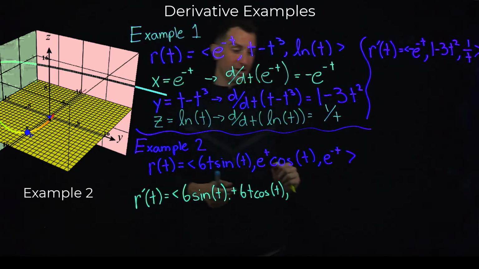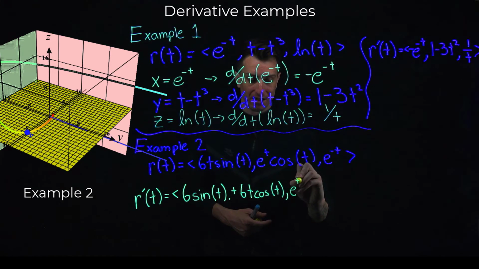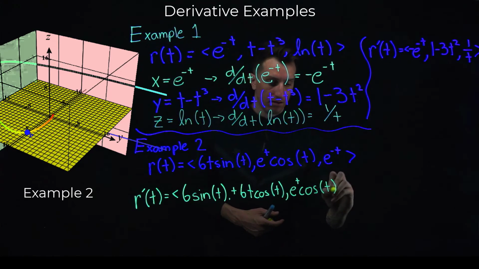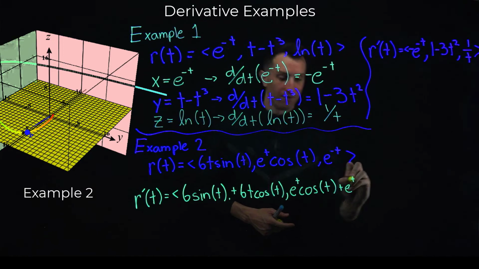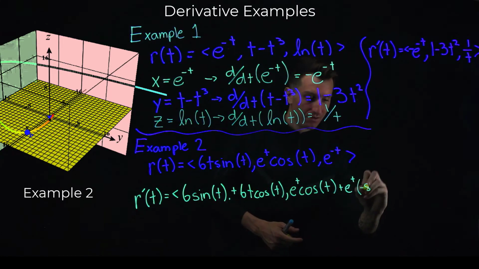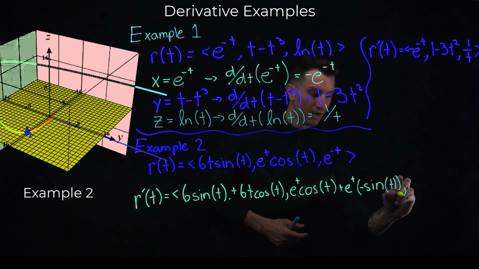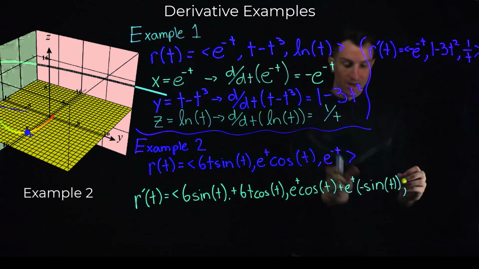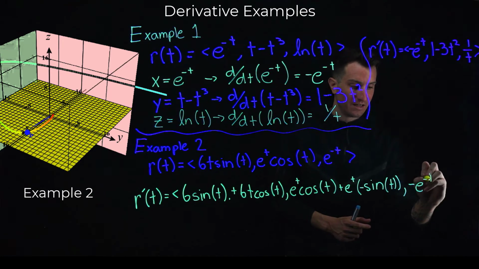Another product rule, derivative of e to the t, well, that's e to the t, cosine stays the same, plus e to the t stays the same, derivative of cosine of t, well, that becomes a negative sine of t, comma, and our very last one, we've done this up here before, mini chain rule, negative e to the negative t.